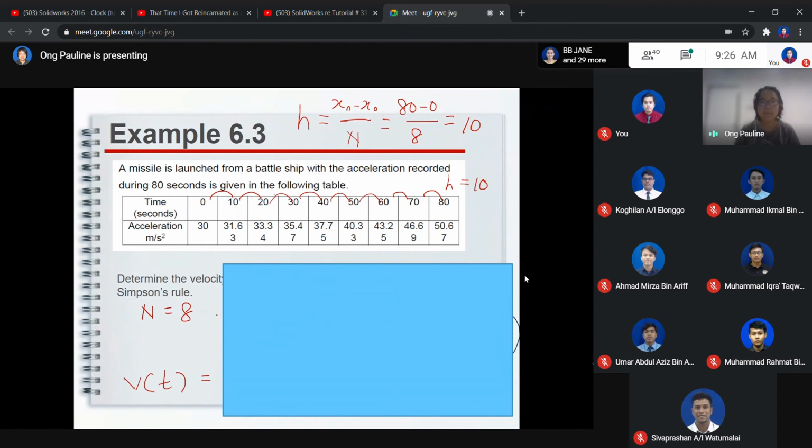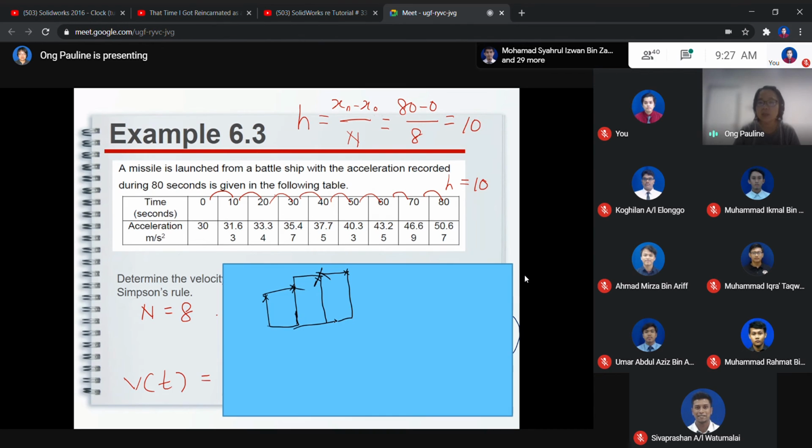Okay, why N equals 8? Okay, so if you have 2 points to form a bar, okay, you need 2 points. Okay, then you can get 1 bar here. Okay, so if I need 3 segments, I need to have another point here.